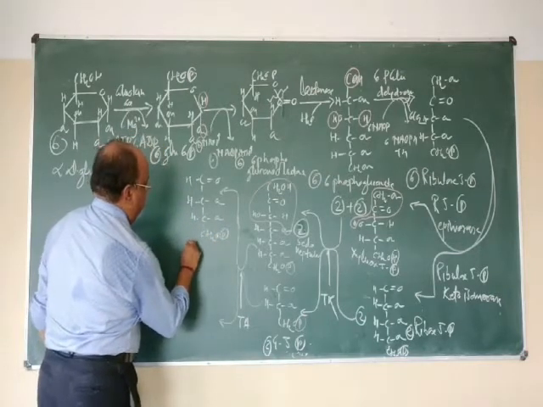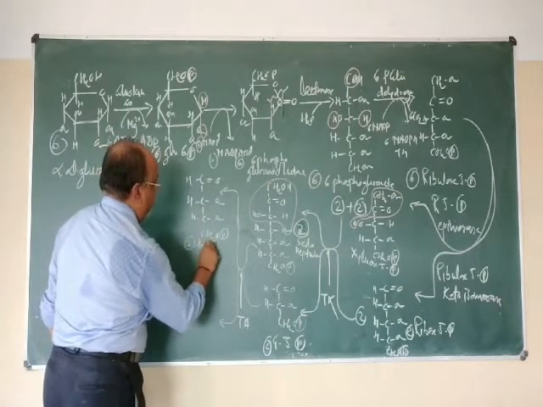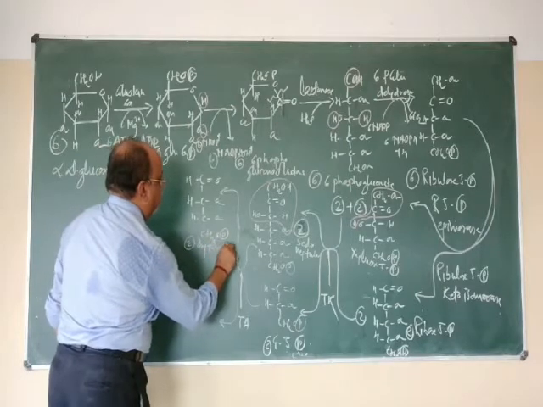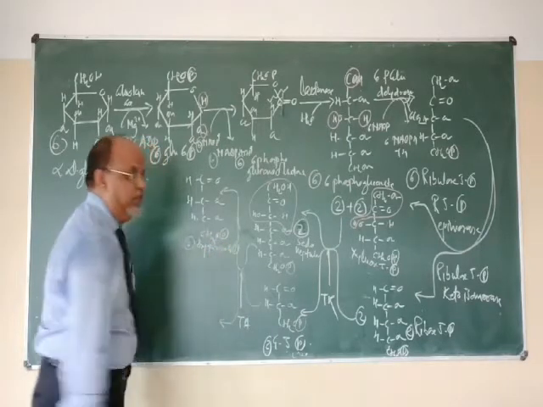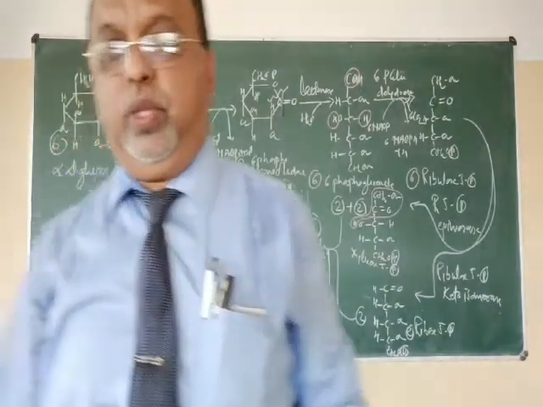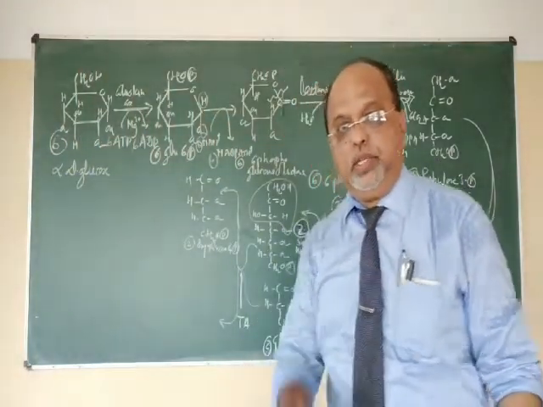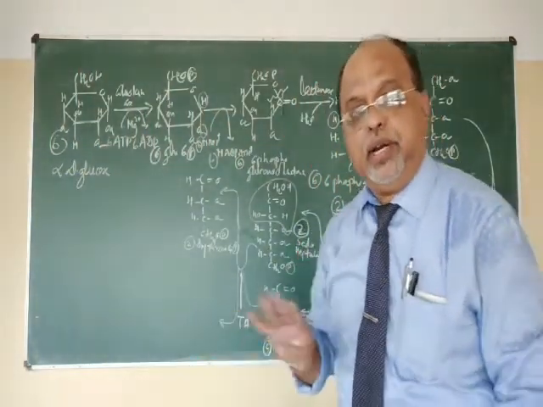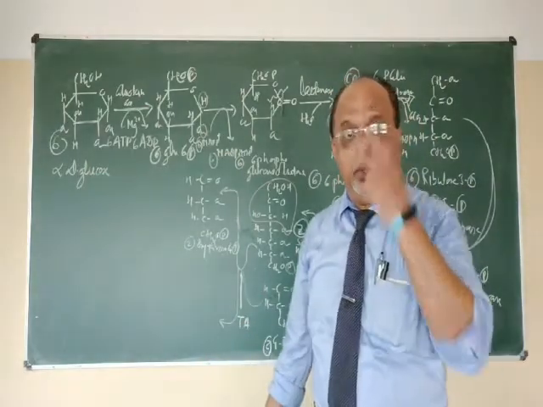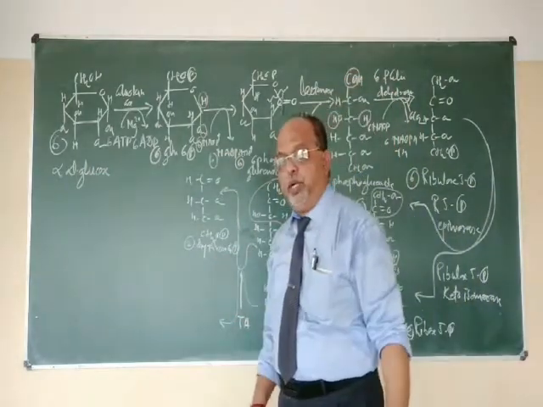This is known as 2 molecules of erythrose 4-phosphate. All of you know that erythrose is a 4 carbon sugar, so this is also known as tetrose. It is an example of tetrose.